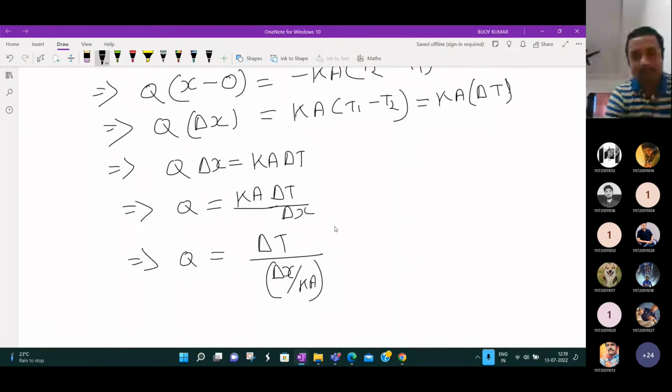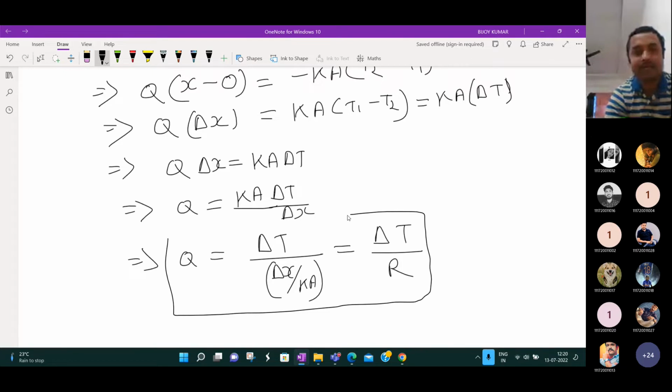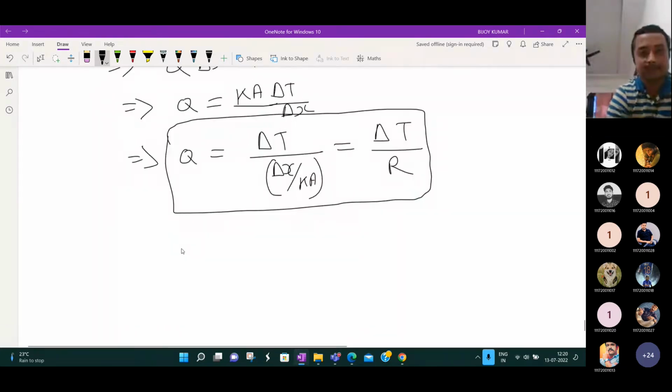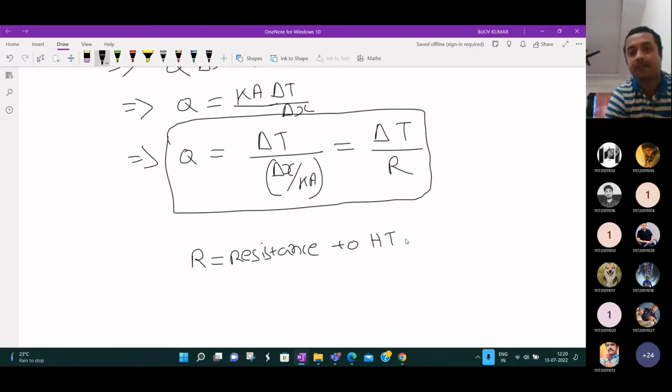Okay, so next what can I write? Delta T by R. This is the final derivation. And R is called resistance to heat transfer, and it is nothing but delta X by Ka.